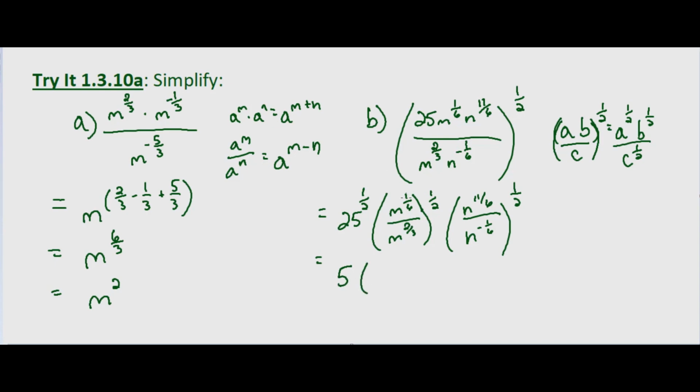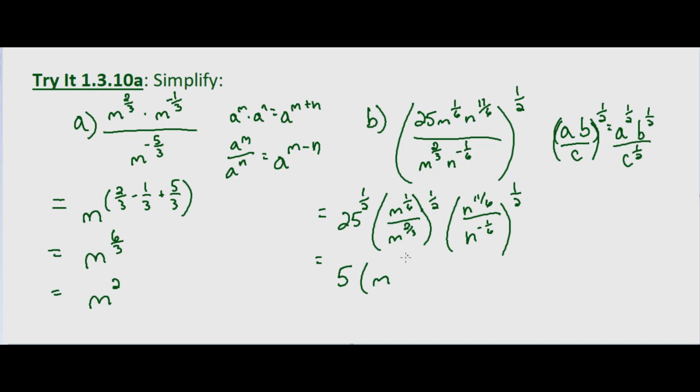Now let's simplify what's in the parentheses here. Remember, a to the m over a to the n equals a to the m minus n. So m to the 1/6 over m to the 2/3 equals m to the 1/6 minus 2/3. Well, that is simply 1/6 minus 2/3. That's 1/6 minus 4/6.